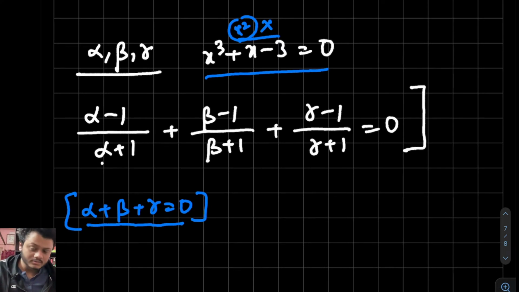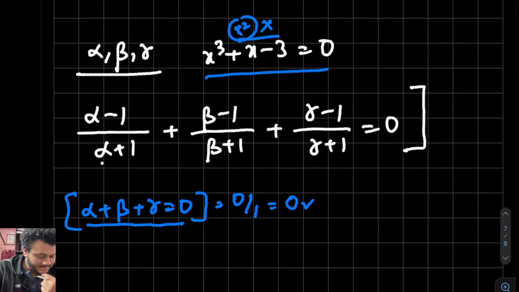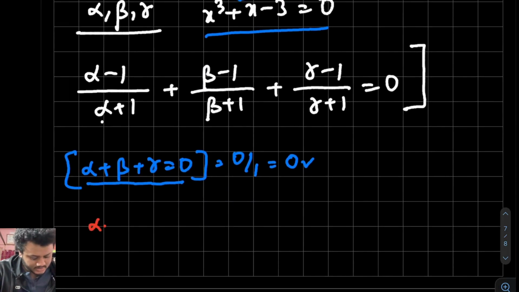Here it is 0, so the sum of the roots is 0 by 1, which is 0. We also get that alpha into beta into gamma is equal to 3. We also know that.